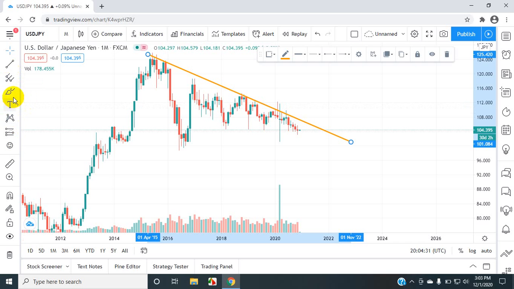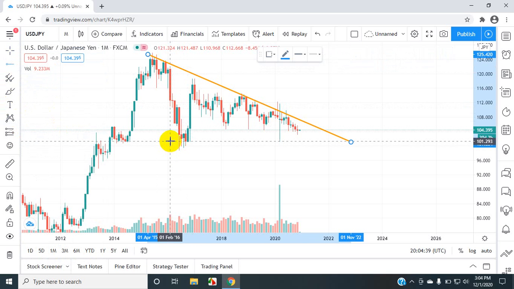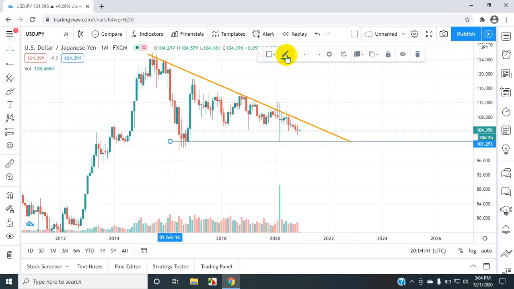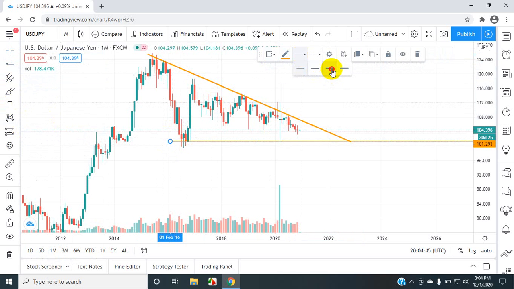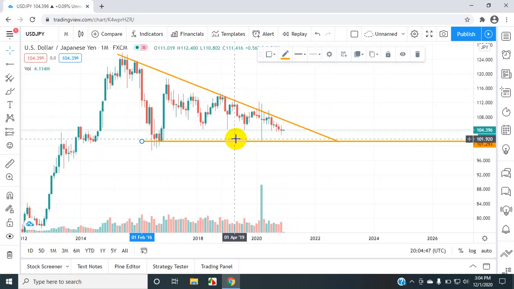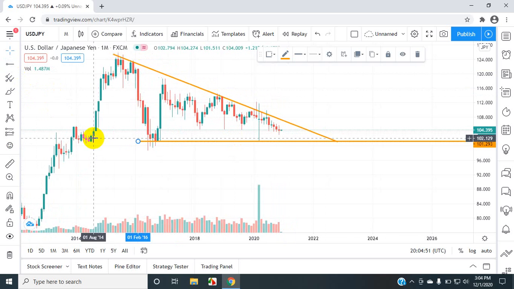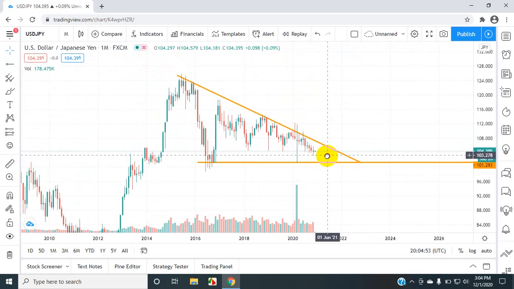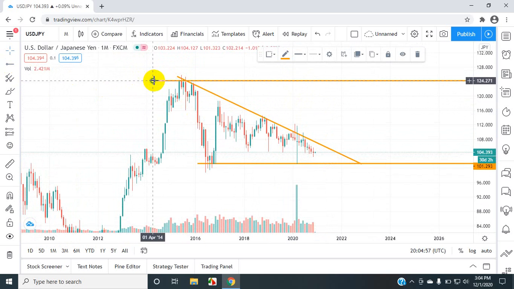So what we're going to do is grab our horizontal line and put a point right here. I'm going to turn this orange and make it a little thicker, and then that will be our lowest low area. If you were looking for a highest high, it'll be somewhere in this area here.